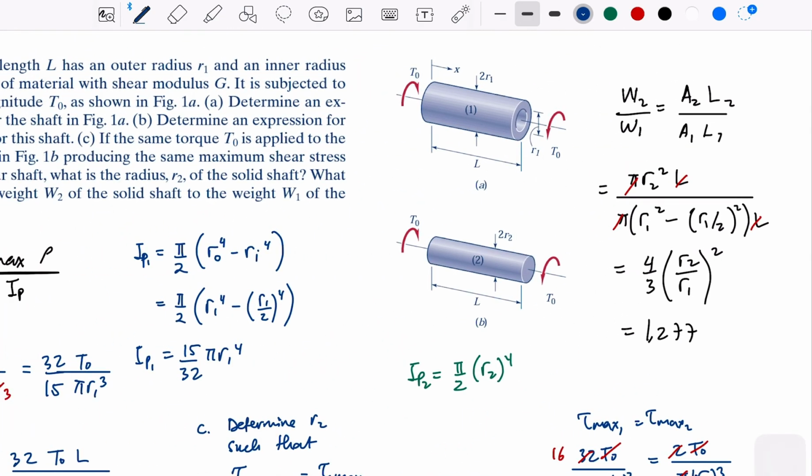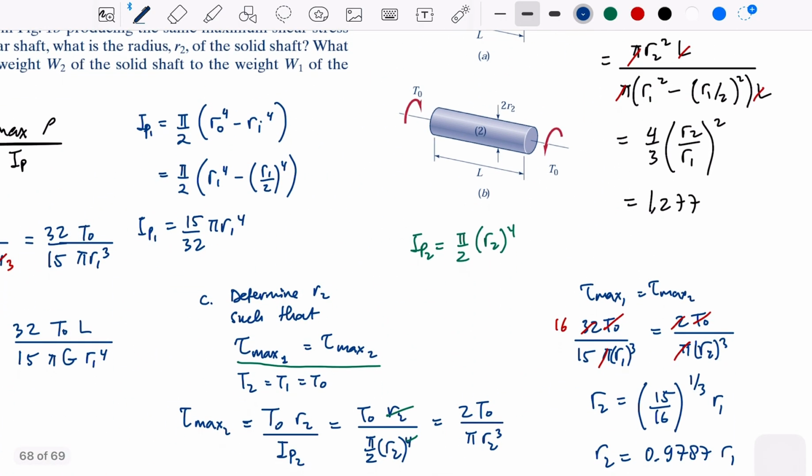And then it's asking for the ratio of the weight, and we get the idea of that.